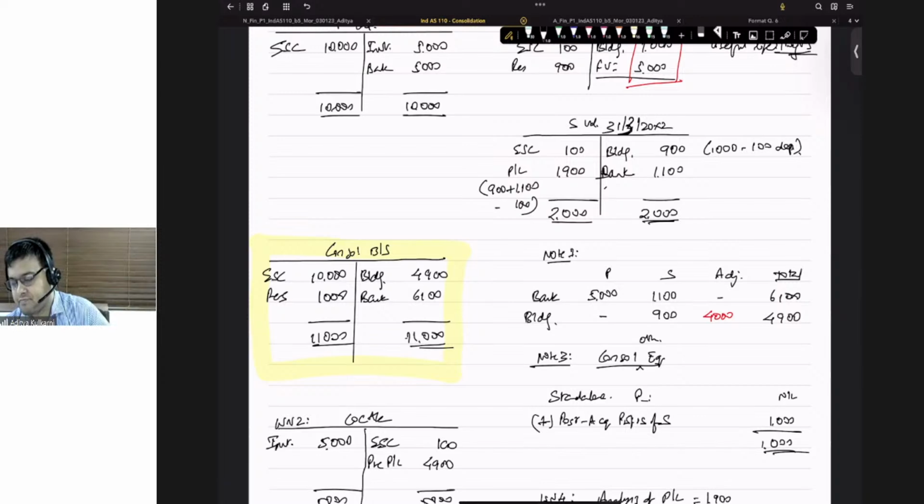Give me your answers. Kaushiki, Nidhi, what do you think? Is this balance sheet correct? Is it incorrect? If incorrect, what is the mistake? I'm not asking for the effect. I am asking for the mistake.